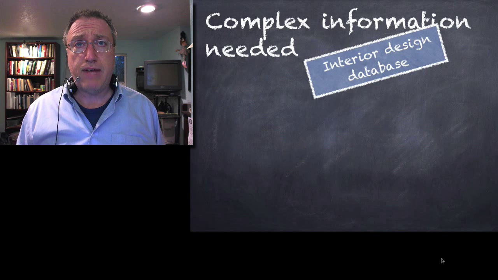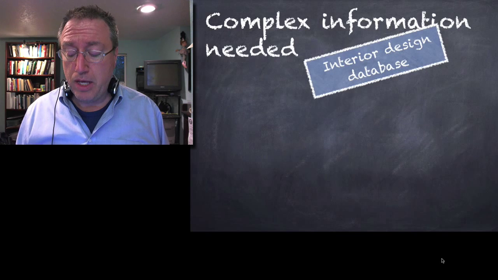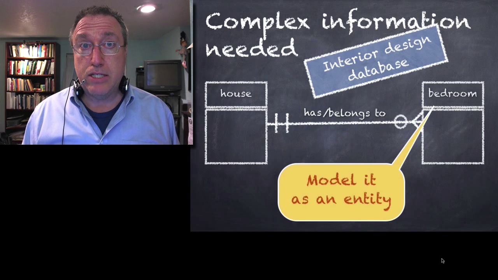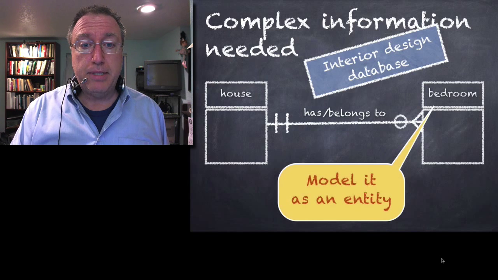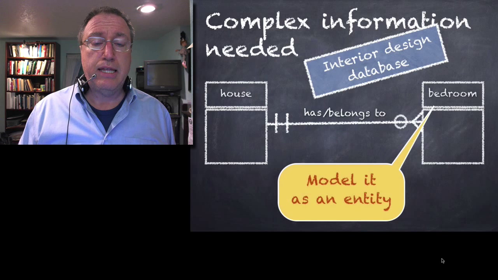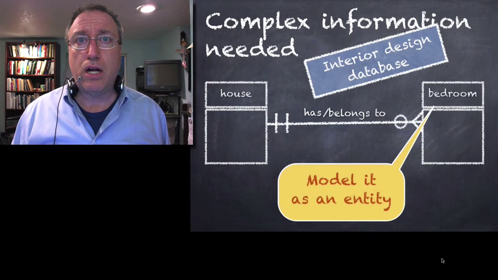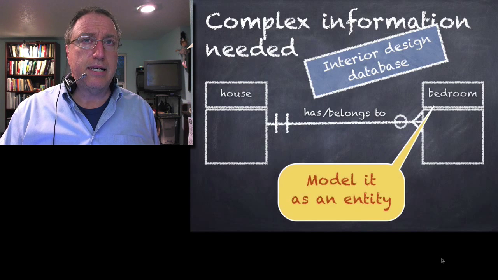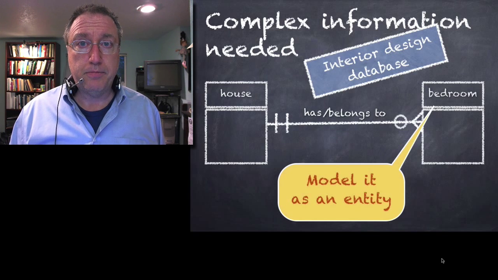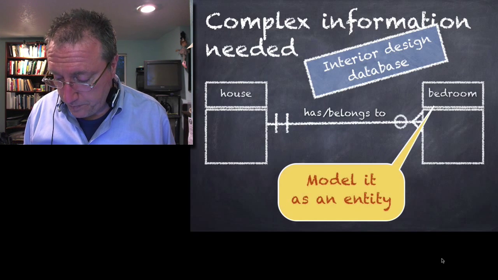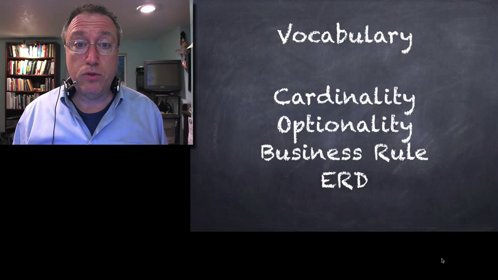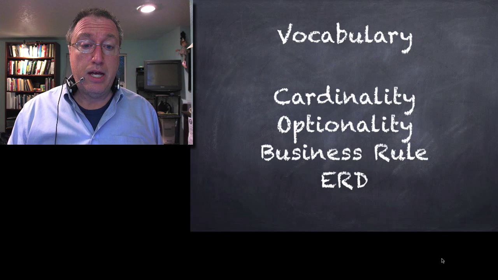You have to store a lot of extra information about that bedroom. Then it's probably a good idea to model that bedroom as its own entity, and then establish the relationship between the house and the bedroom using our other methods. Notice that an attribute has a relationship to its own entity. It's a simple ownership relationship. It's an implied relationship.